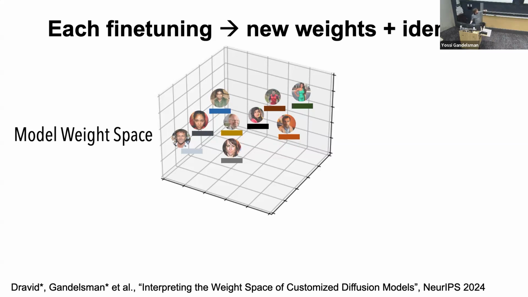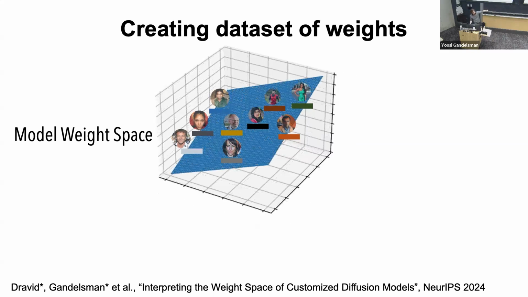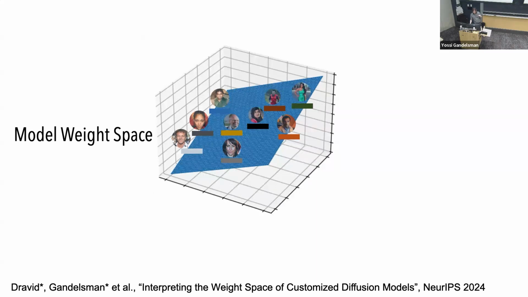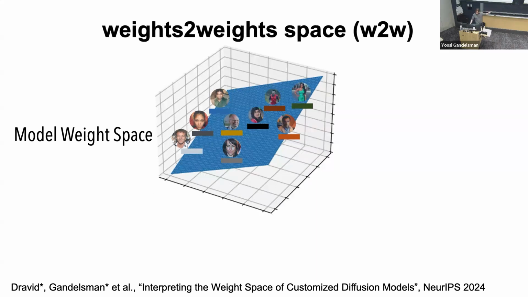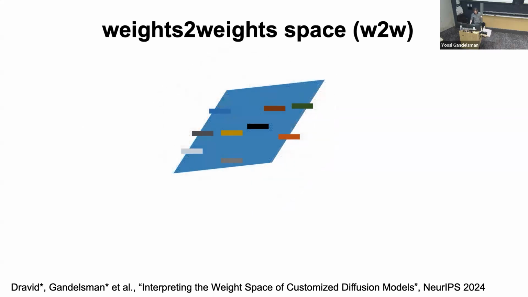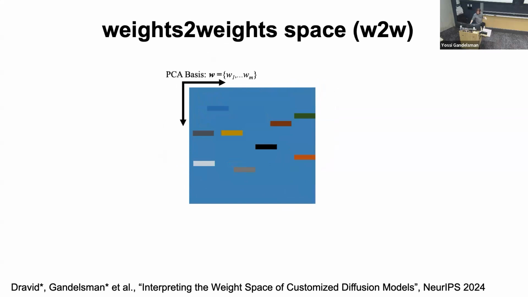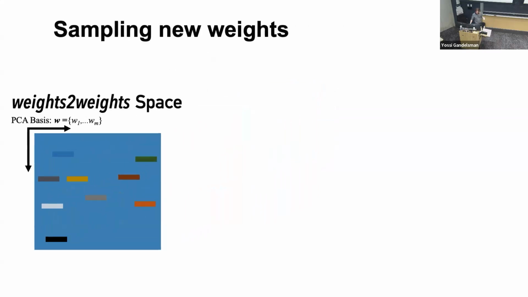Now, you can do it 60,000 times and create a space of weights, treat it as a data set. Data set in which every point in the data set is a set of weights. And we call this the space of these weights. And what we found out is that it's very linear. So for example, you can PCA it, right? And not only that you can PCA, you can even sample from it.